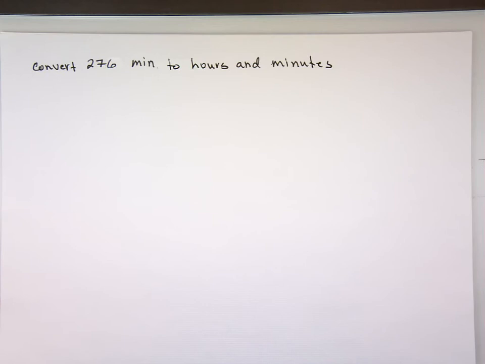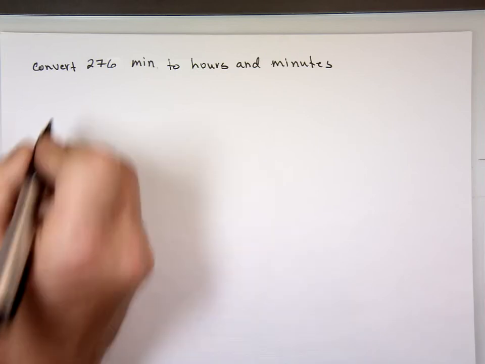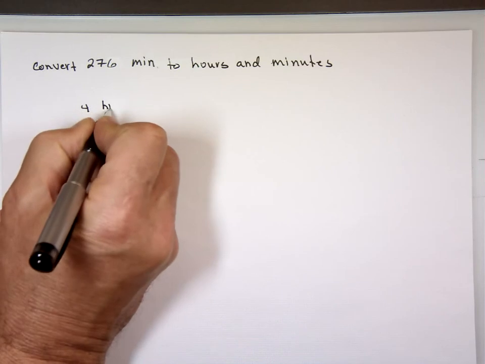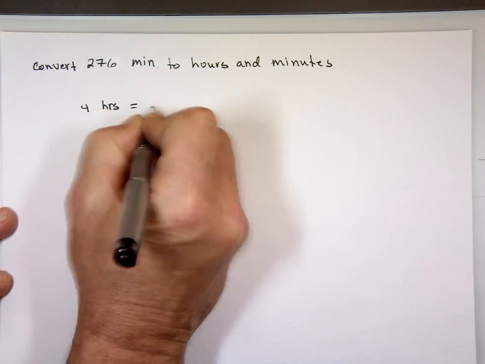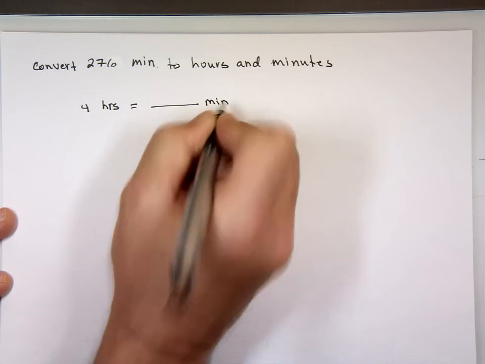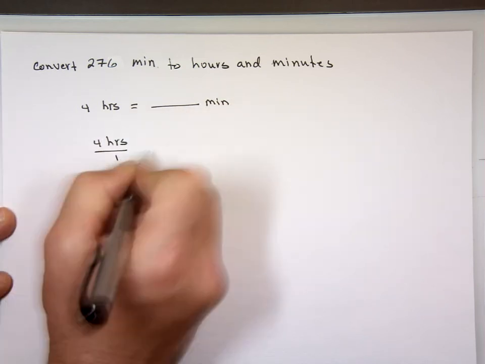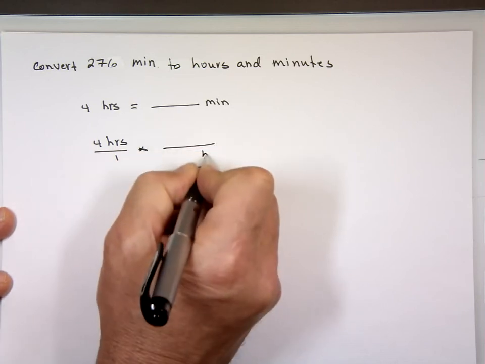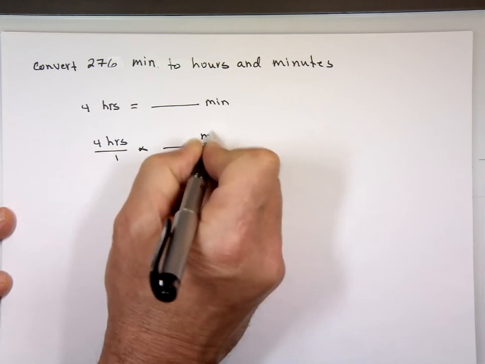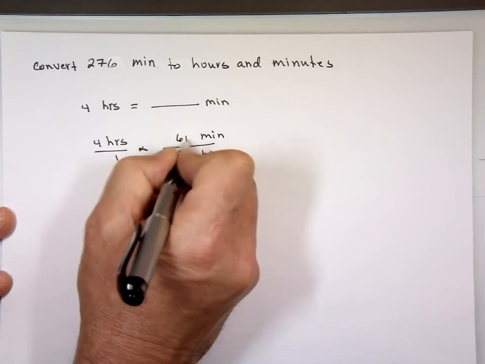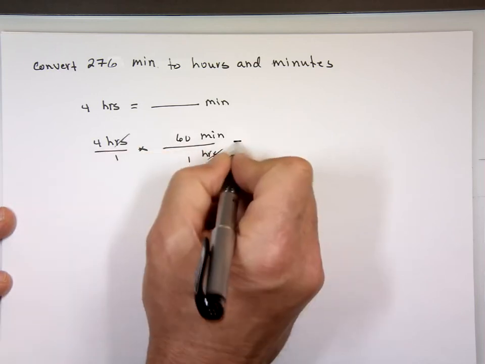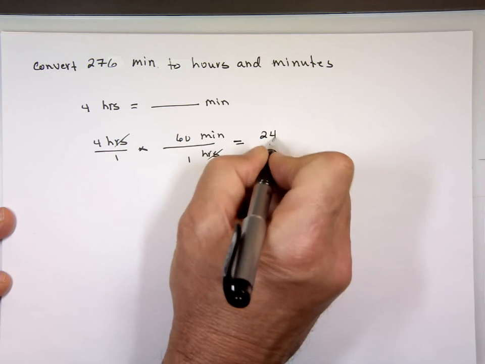Hmm. 4 hours and change. Let's see. Jamie says 4 hours and change. Well, 4 hours has how many minutes? That's 4 hours over 1 times hours on the bottom, minutes on the top. 1 hour is 60 minutes. 240 minutes.